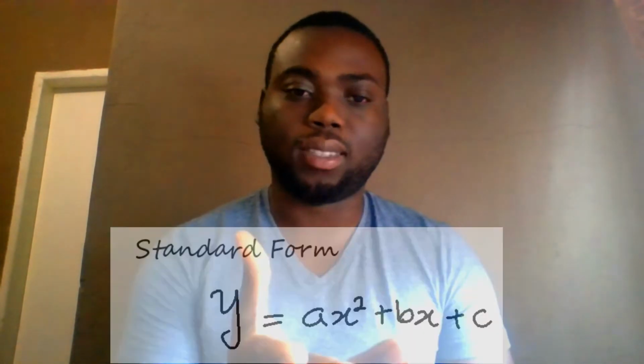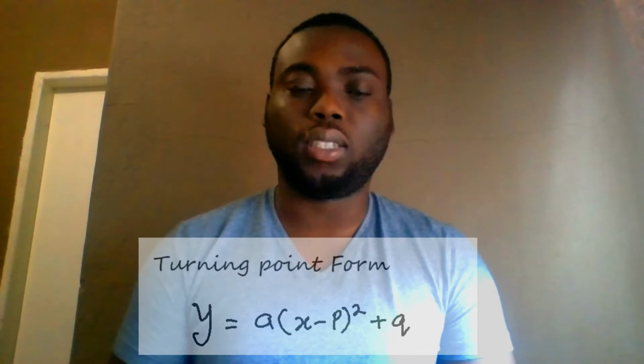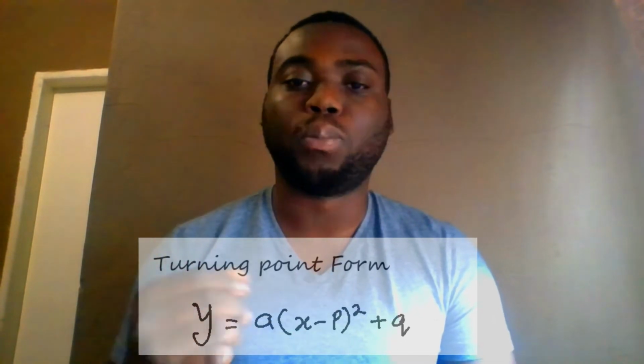A quadratic function has three formats. The first format is the standard form, which we see in 60 to 70% of questions. It looks like this, which is ax squared plus bx plus c. The second format is the turning point format, which is a open bracket x minus p squared plus q.